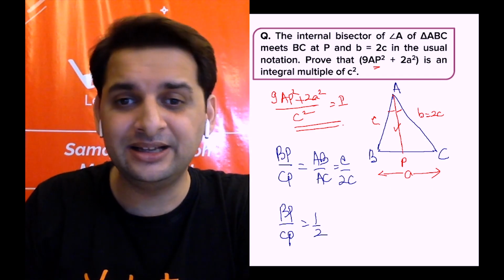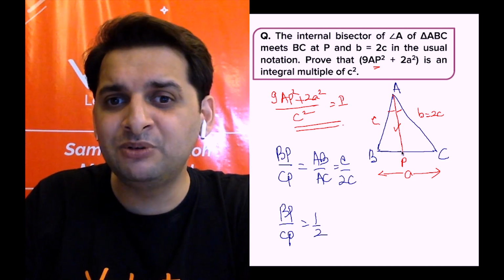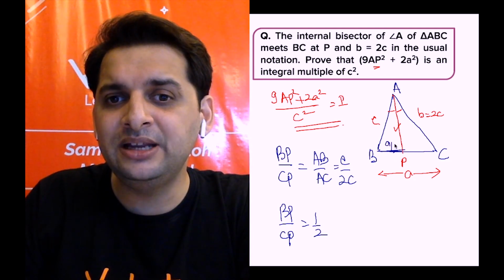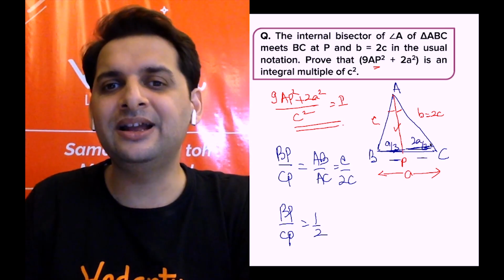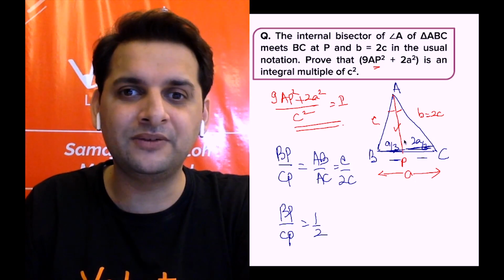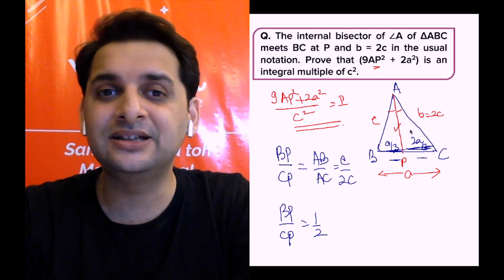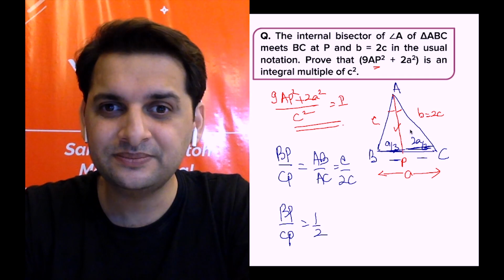And the whole length is A. So this portion would be A upon 3 and this portion would be 2A upon 3. And hence we know everything we require in applying Stewart's theorem.